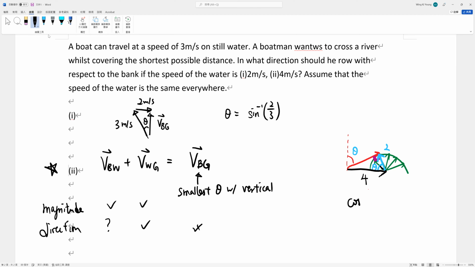So cosine theta will be 2/4, which is 1/2, or the angle is 60 degrees. So that means the boat should cross the river at 60 degrees to the bank.